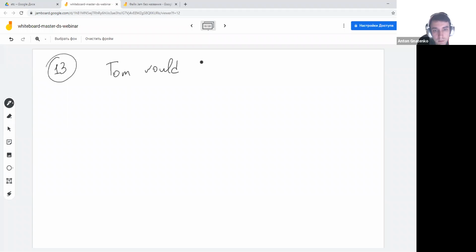would take 7 hours to complete the work by himself. So Tom requires 7 hours to paint the fence alone. And Huck maybe would take 8 hours for this task.